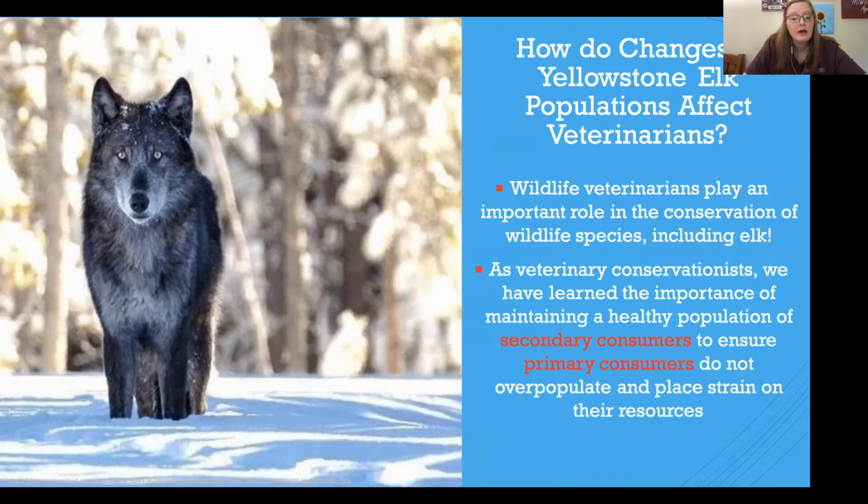And so as they've studied how the impacts of the overpopulation of elk have occurred, they've noticed that it's important to maintain a healthy population of the wolves, which are secondary consumers, to make sure that the primary consumers, the elk of Yellowstone National Park, do not destroy too many other resources because there's too many of them. Does anybody have any questions about that? No. Okay.